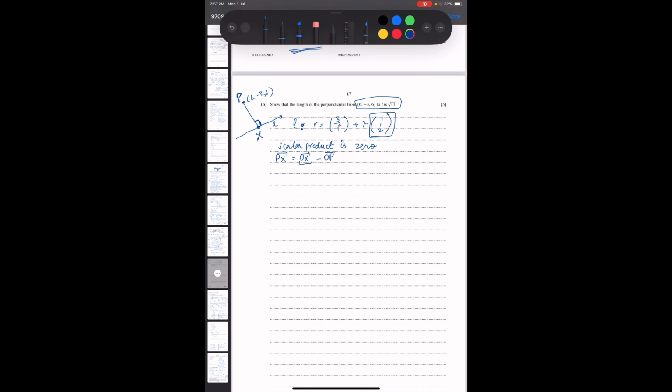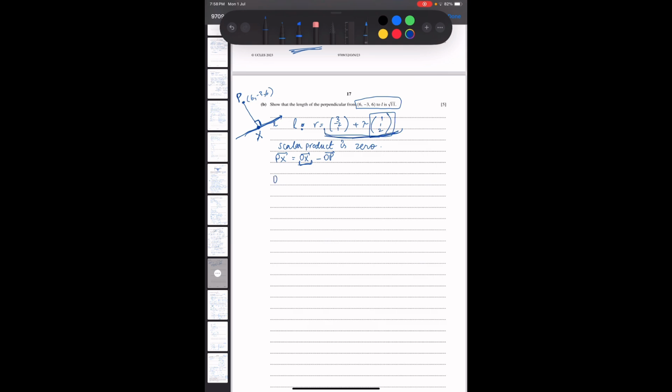The vector OX, since X is lying on the line L, right? Since X is lying on the line L, OX will be equal to this whole vector. We studied this in vector properties that if there's a point that's lying on a certain line, its position vector will be equal to the vector of this whole line.